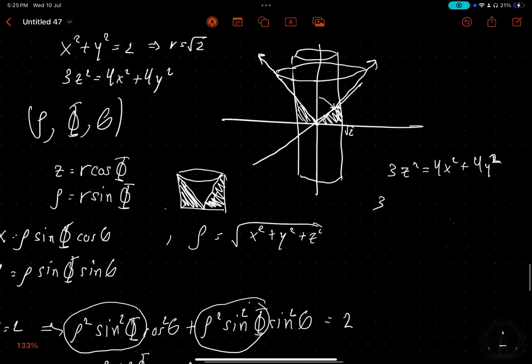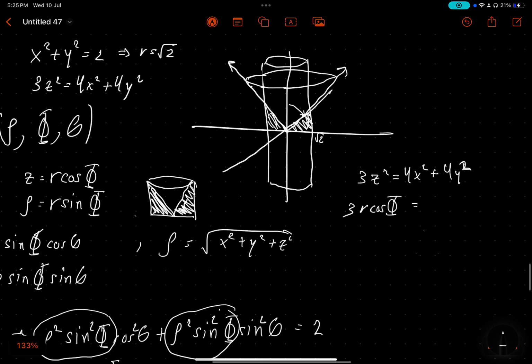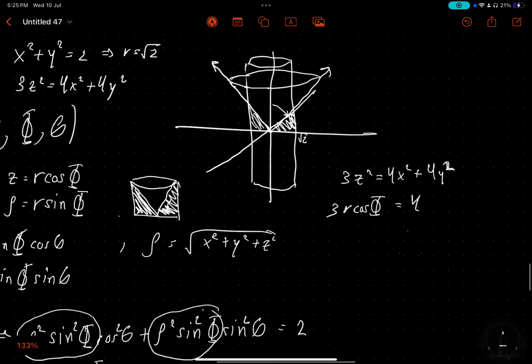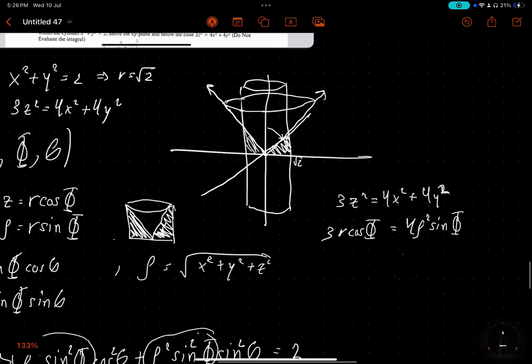Now 3z in spherical is just r cosine phi, equals 4 rho squared sine of phi cosine of phi, cosine of theta all squared, plus 4 rho squared sine squared of theta sine of phi.